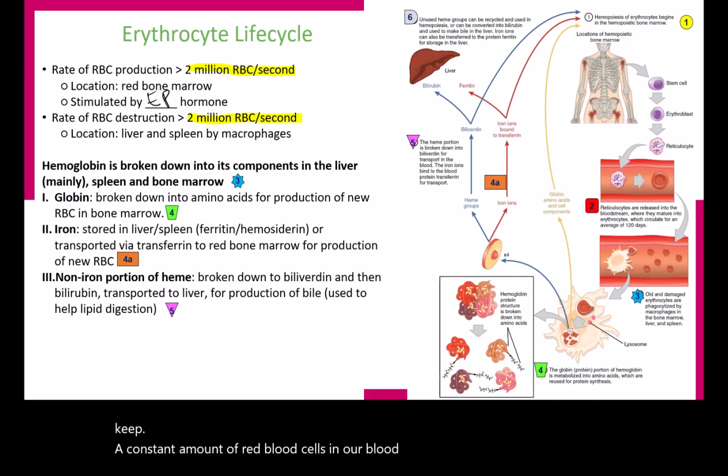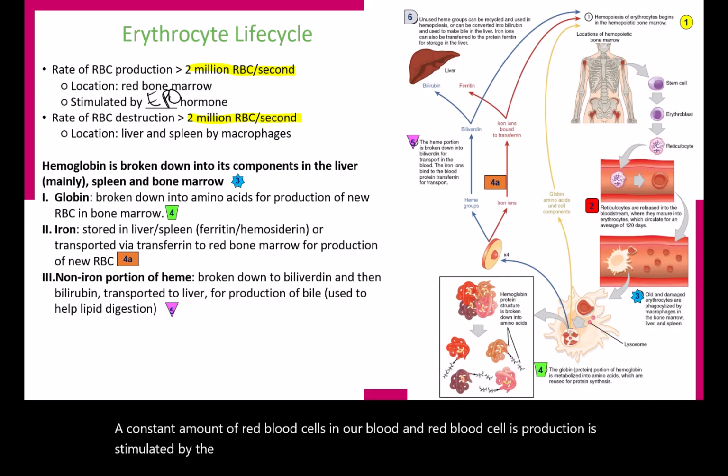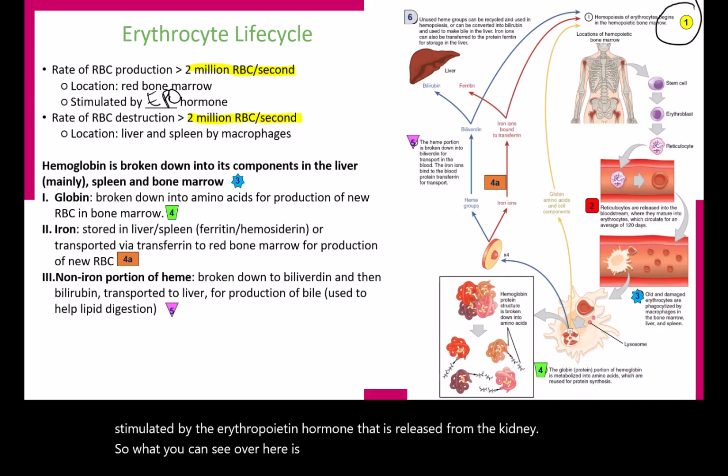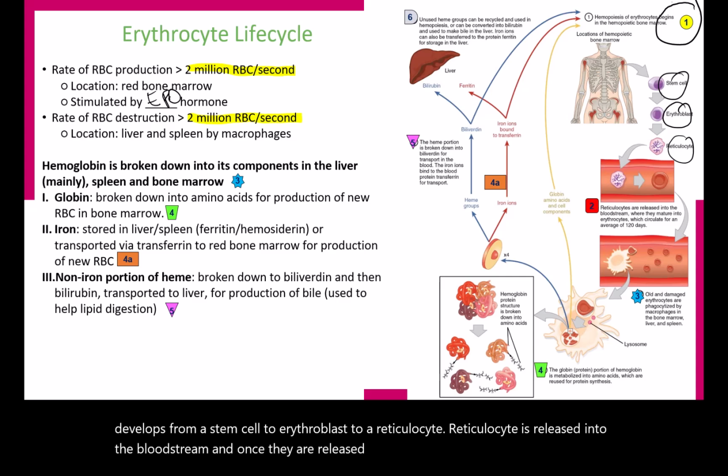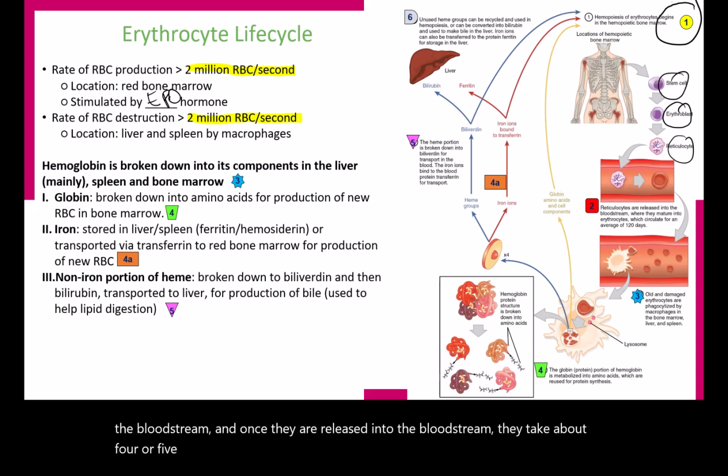And red blood cell production is stimulated by the erythropoietin hormone that is released from the kidney. So what you can see over here is hematopoiesis begins in the bone marrow, and so it develops from a stem cell to an erythroblast to a reticulocyte. The reticulocyte is released into the bloodstream, and once released, it takes about 4 or 5 days to mature.